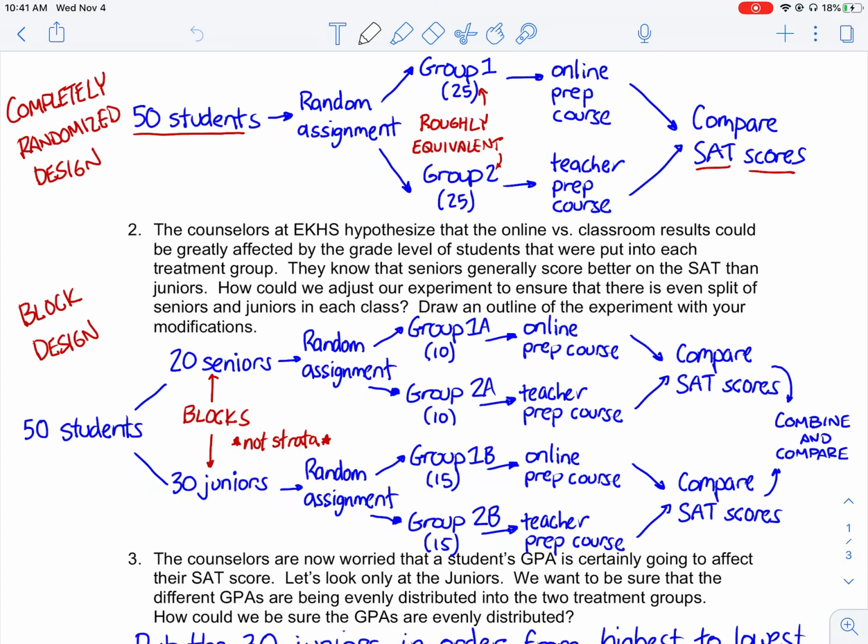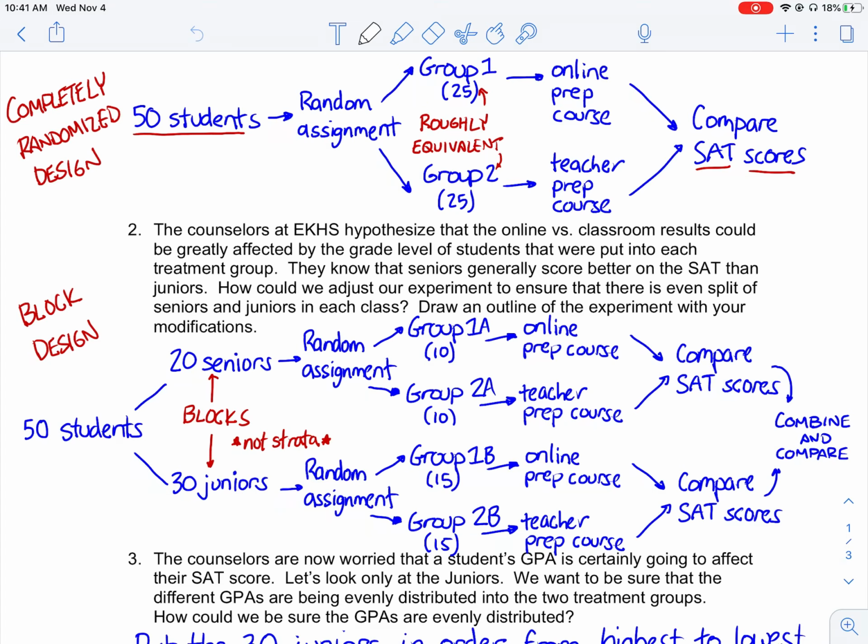It could be by gender, by grade level, by the state where they live, by their age group, so we could have older and younger adults. It could be by buildings, on the west side or east side. It could be anything as long as they are similar within the group.